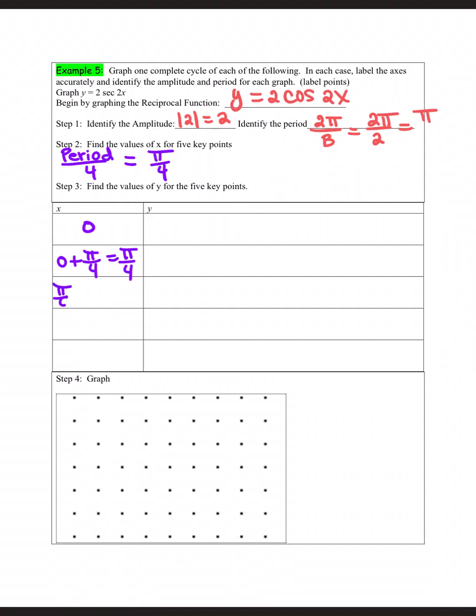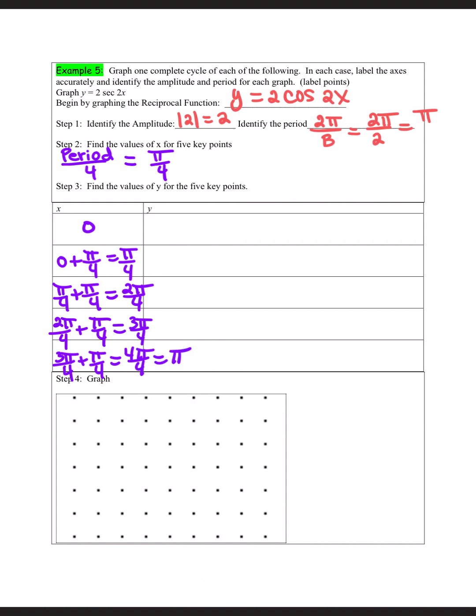Pi over 4 plus pi over 4 is 2 pi over 4. I'm not simplifying right now. 2 pi over 4 plus pi over 4 is 3 pi over 4. And 3 pi over 4 plus pi over 4 is 4 pi over 4, or just pi.